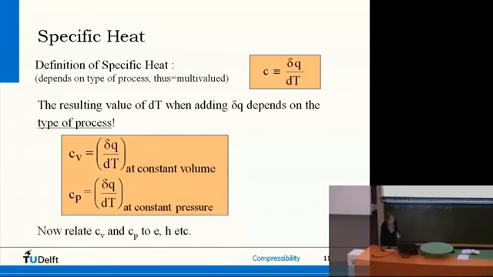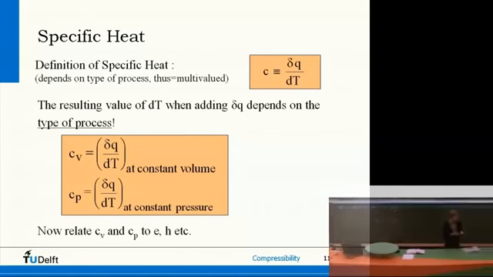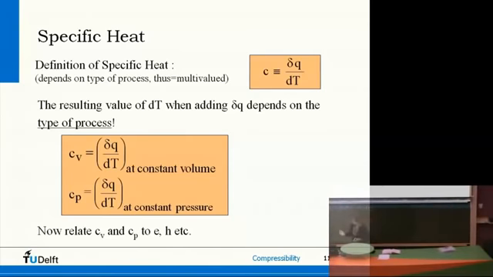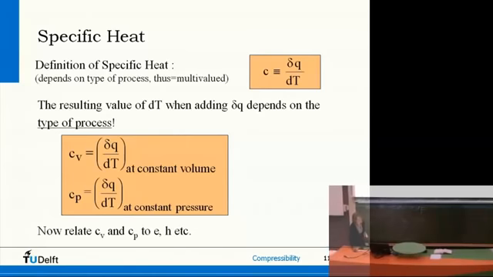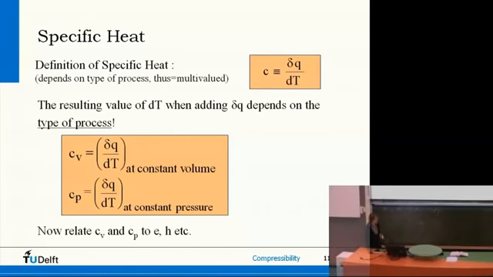For constant volume processes, I recognize this Cv. So that's dQ/dT at a constant volume. So it's not in general true, but it's for a constant volume process. So this Cv is different from the Cp, which is how your temperature is related to heat added or subtracted at constant pressure.